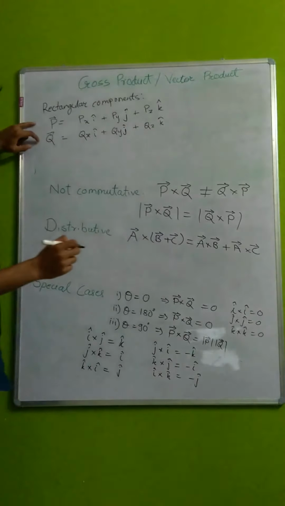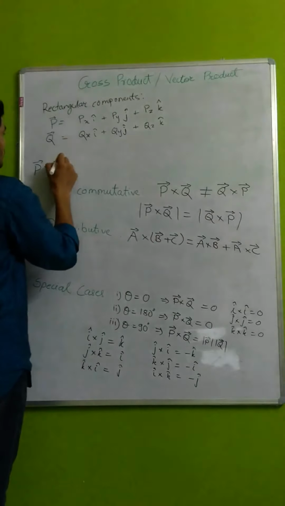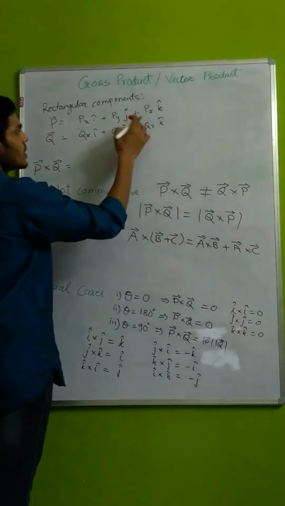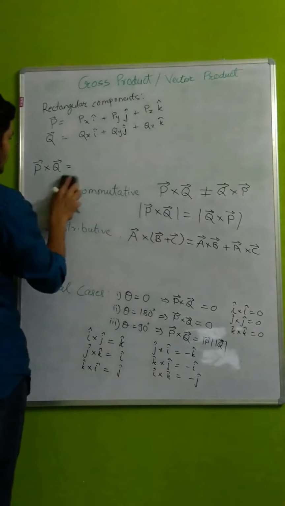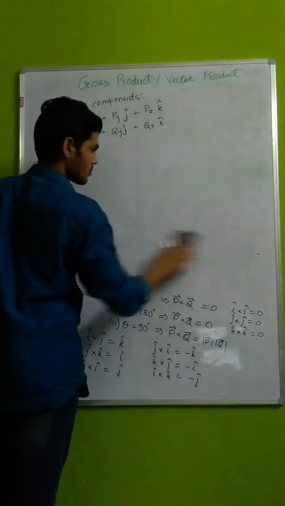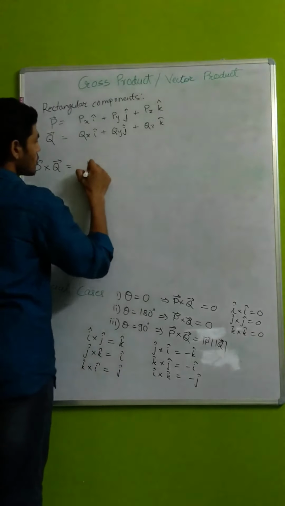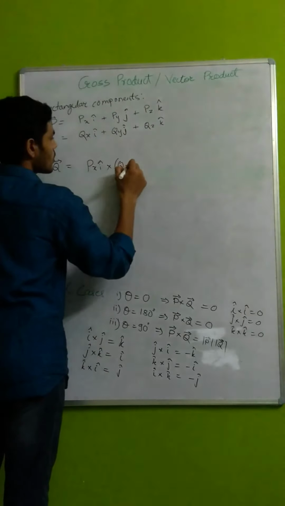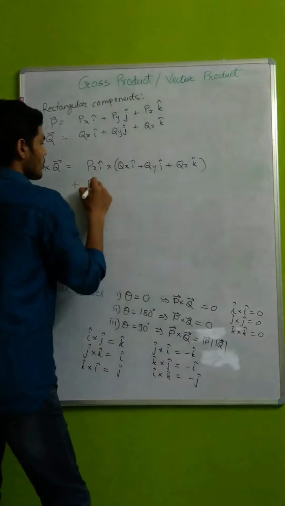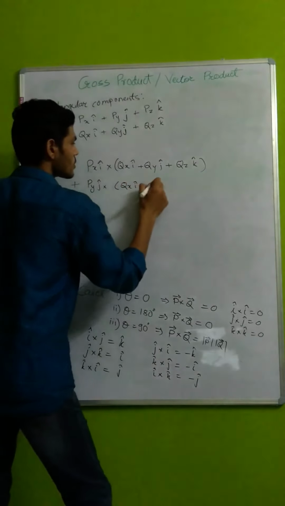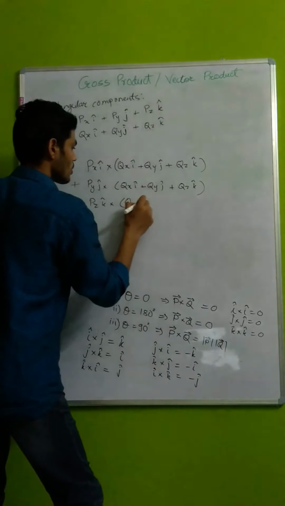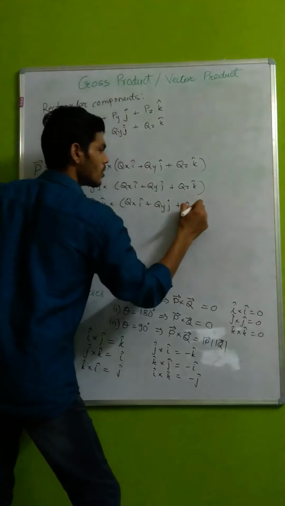Now if we multiply these, the cross product P cross Q can be given by Pxi cross (Qxi plus Qyj plus Qzk) plus Pyj cross (Qxi plus Qyj plus Qzk) plus Pzk cross (Qxi plus Qyj plus Qzk).